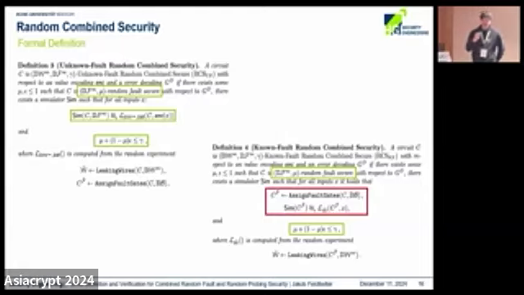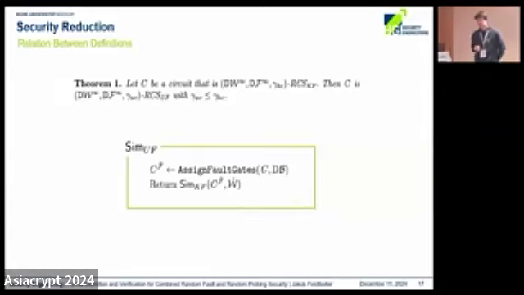Okay, and now, of course, it is interesting how those two definitions relate to each other, and luckily we have a theorem about that. We can say that if a circuit is known fault secure, then it will always be secure in the unknown fault case with a gamma that is smaller or equal to the gamma in the known fault case.